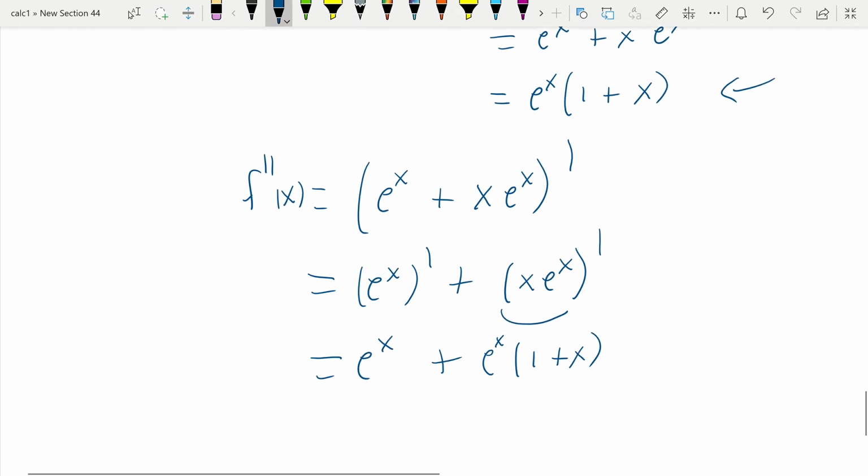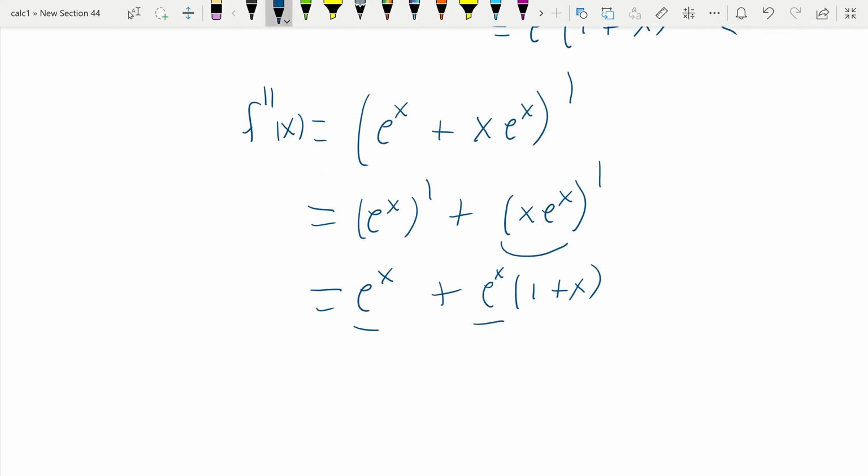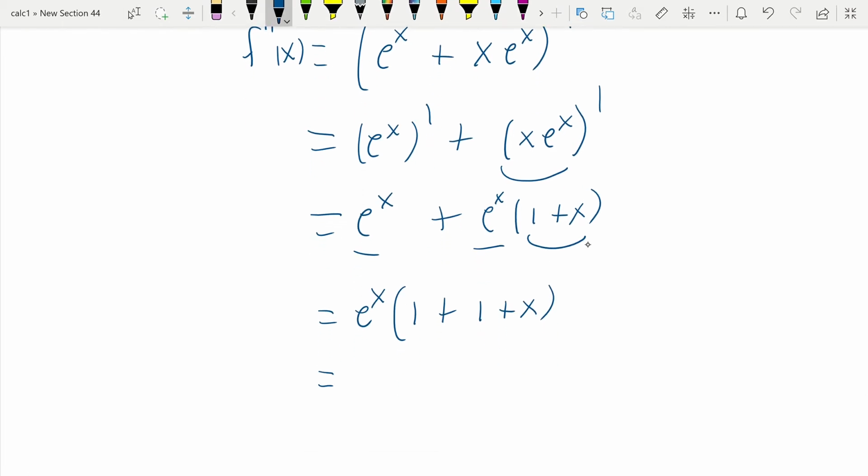We don't need to do it again. Now, we have a common factor of e to the x, so we have e to the x times 1 plus this whole thing now, 1 plus x. And this is just equal to e to the x times 2 plus x.